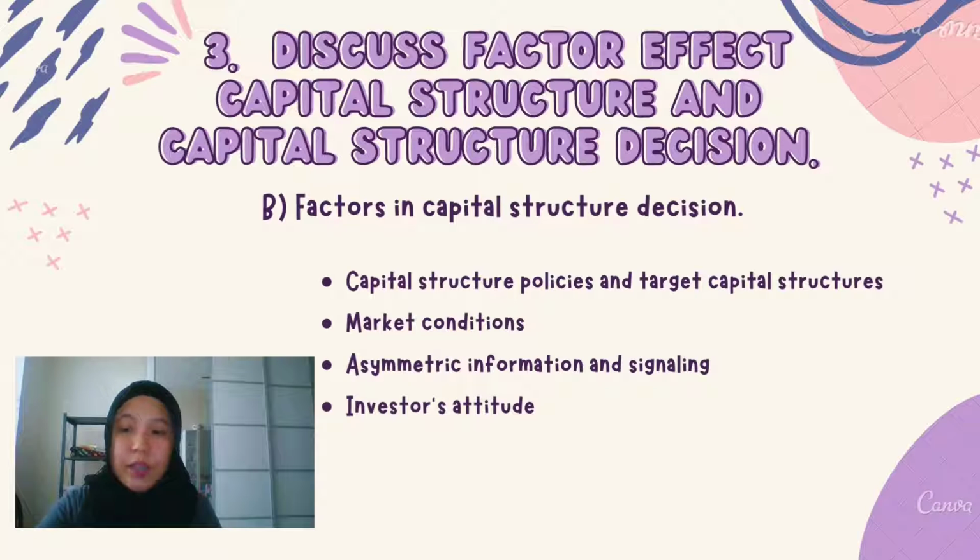The second one is market conditions. Managers may pay close attention to the price of their company's shares and market interest rates on its loans when deciding when, how much, and what type of capital to issue. The risk-free rate plus a risk premium specific to the company equals the debt cost. The risk premium or credit spread is a rate over the risk-free benchmark rate that reflects issue-specific risks as well as broader credit market conditions.